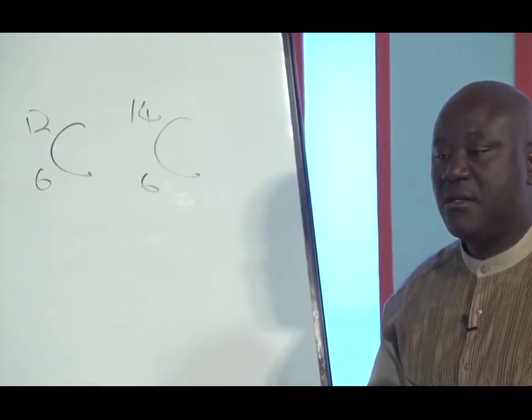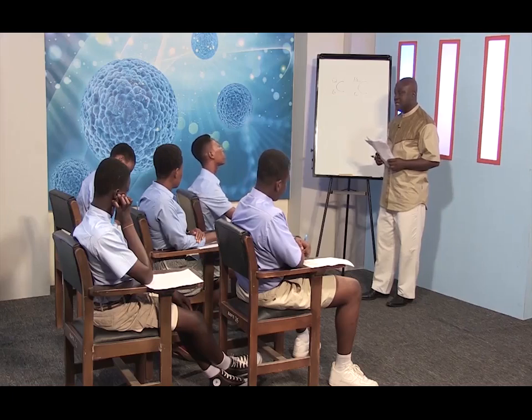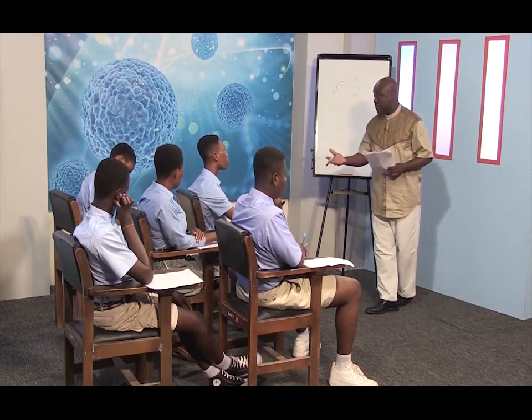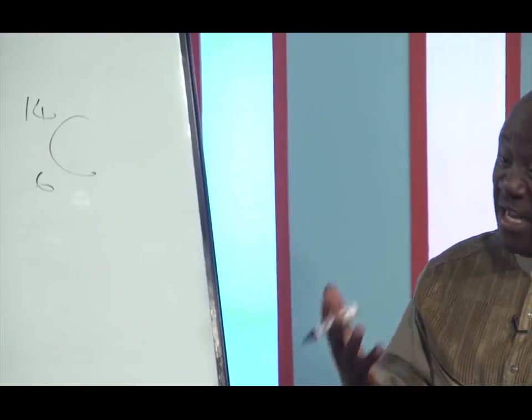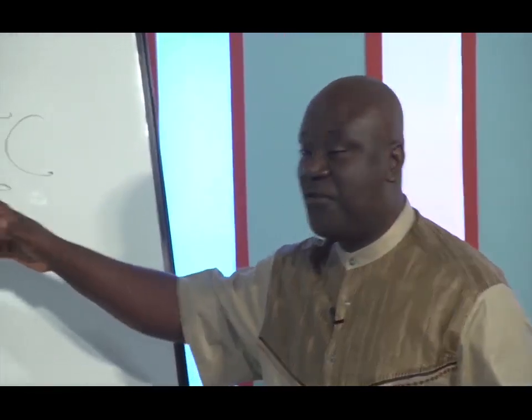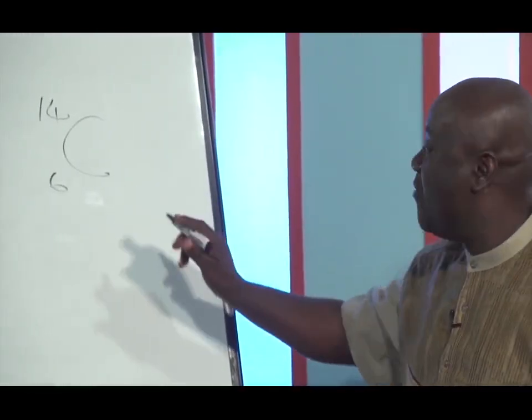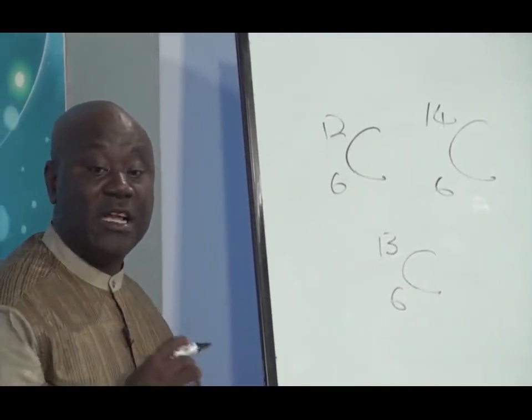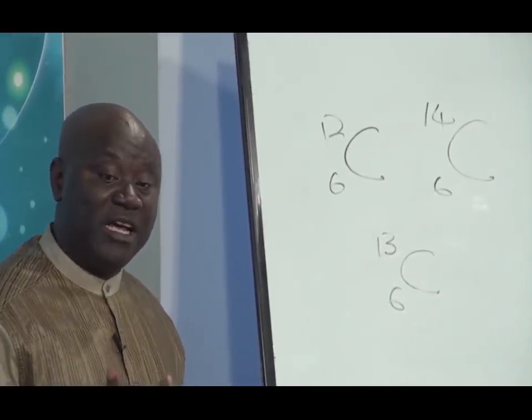Can an element have more than 2 isotopes? Yes. The carbon that you gave as an example exists as 3. We have carbon 12, carbon 14, and another one which is carbon 13. So carbon has 3 isotopes.